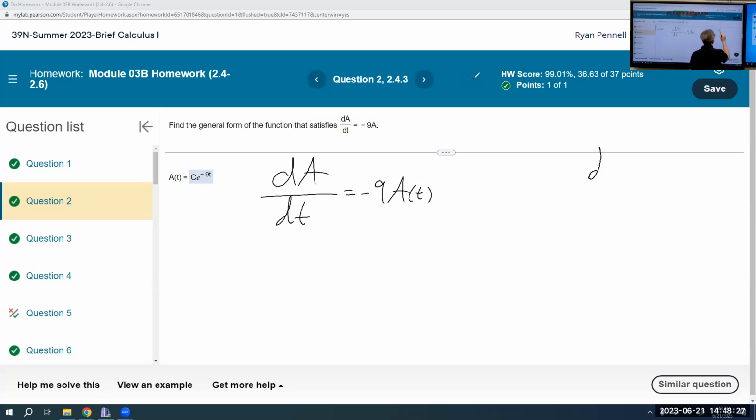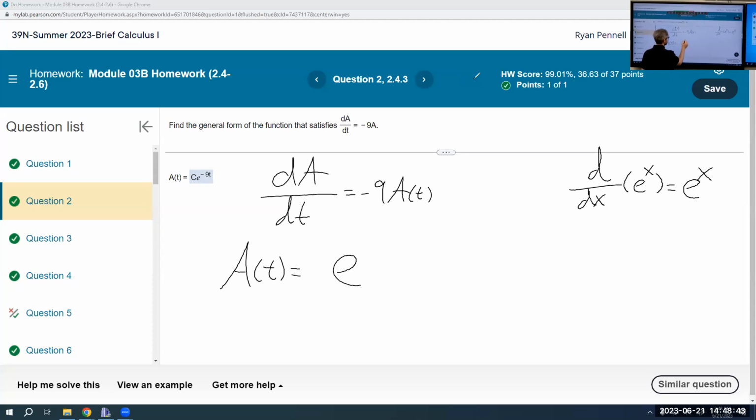Well, that's e to the x. So I think A of t has to be e to the -9t. I don't know what the initial condition is. Could have been 1. It could have been some other number, but we'll just say it's some number, whatever number we started with. We're going backwards now.